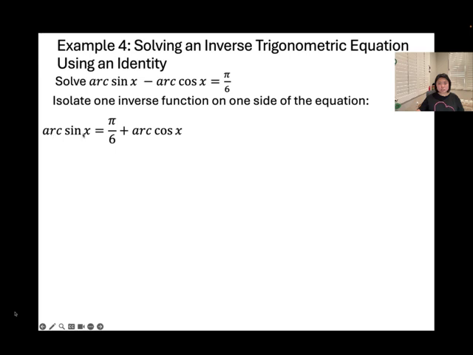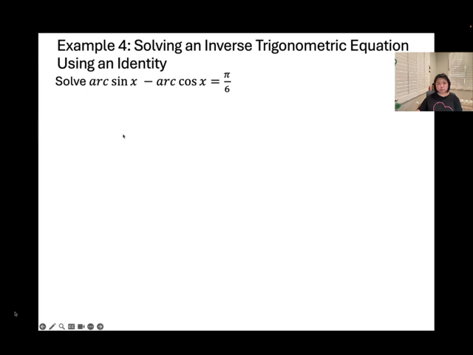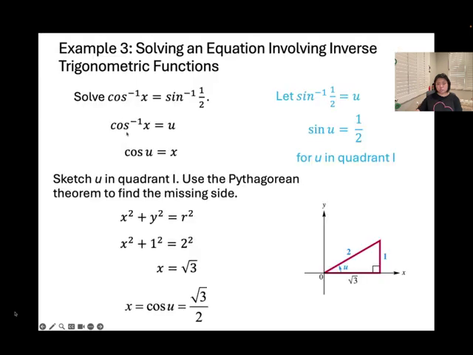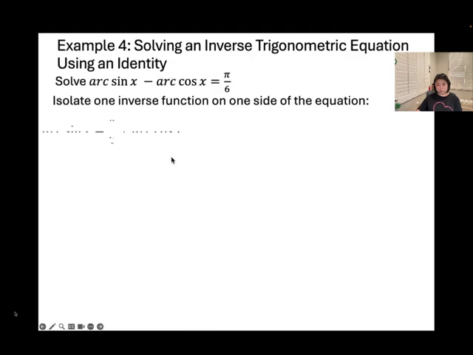And this is arc sine of x. So we could rewrite it as sine of this expression equal to x. That's the same idea as the previous example: I have an inverse cosine of x equal to u, so cosine u equal to x.